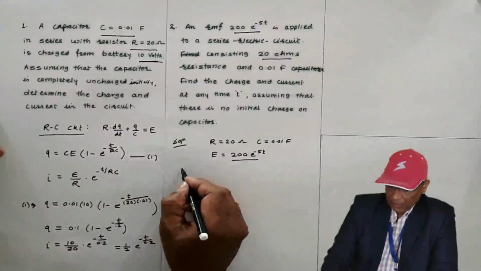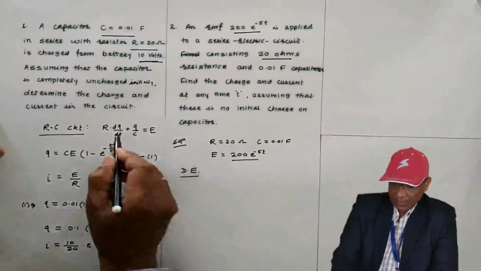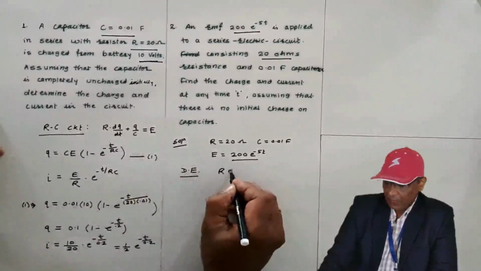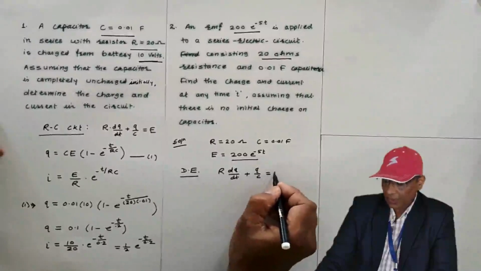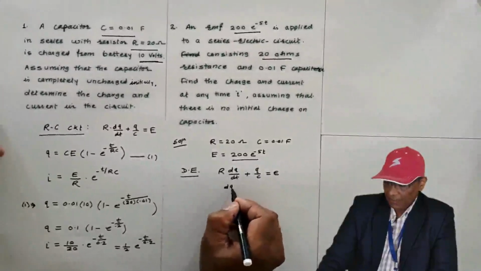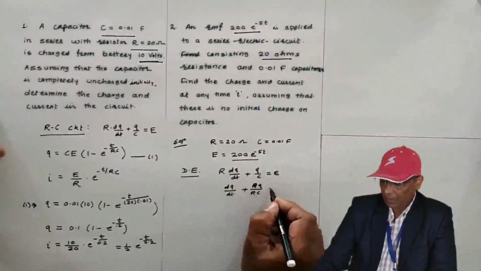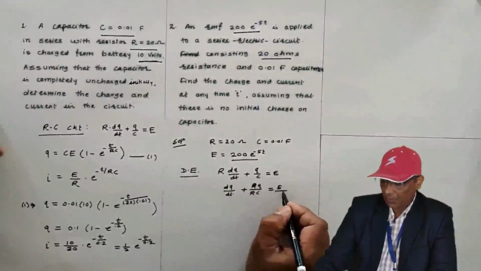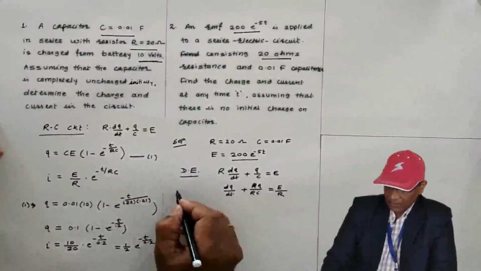So I am going to write the differential equation. What is the differential equation? R dq by dt plus Q by C is equal to E, then divide it by R. Now this is a linear differential equation.